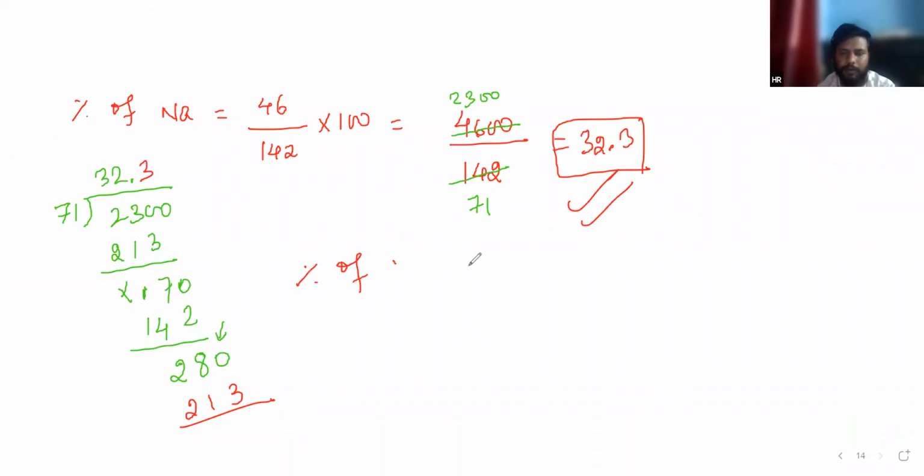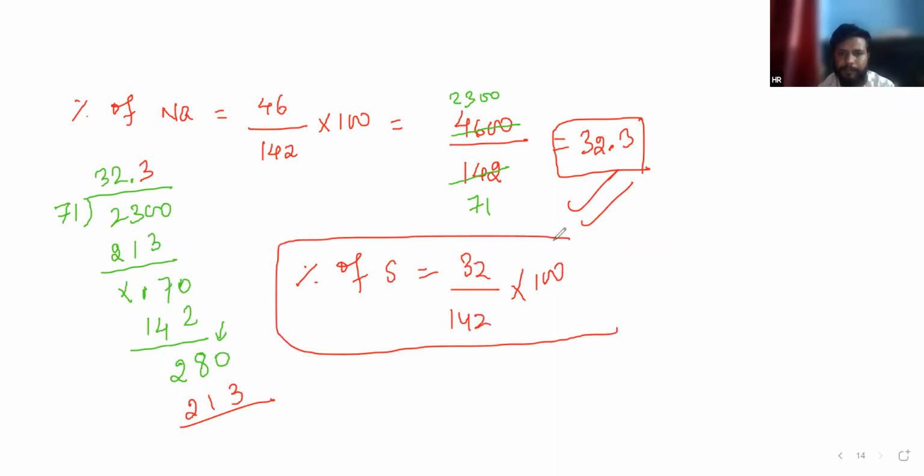Percentage composition of sulfur equals 32 upon 142 into 100. Calculate this. Very good.